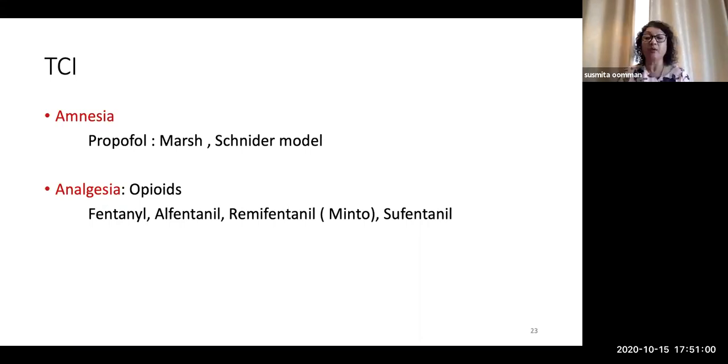What would you prefer? We are fortunate in the UK that we seem to have all these drugs. The only drug not available is the sufentanil. But we have got fentanyl, alfentanil, and remifentanil, which helps us to do really sick patients and elderly patients, even up to the age of 90 plus, turn up on our theater operating list, and we would anesthetize them.